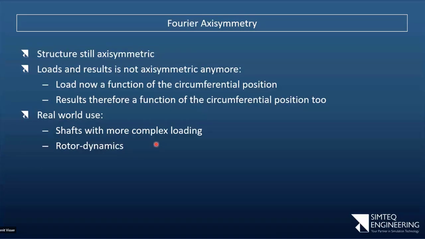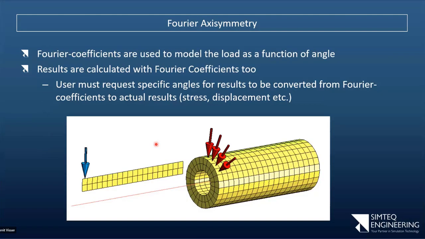Okay, then a more complex topic is Fourier axisymmetry. In some cases, we have a structure that's axisymmetrical, but the load is not axisymmetrical. So I can have, if I just switch forward, it'll be easier to read the rest of this. If I have a shaft that looks like this, but I've got a load applied like that, but it's not all the way around.